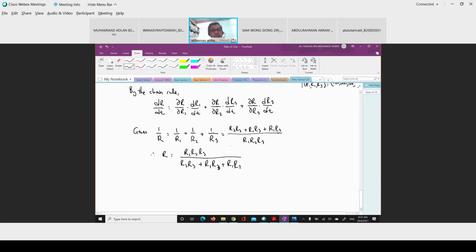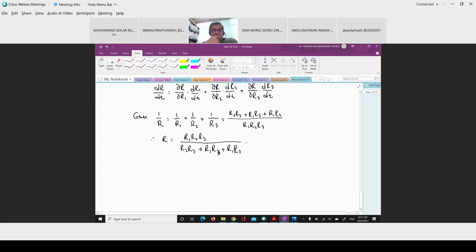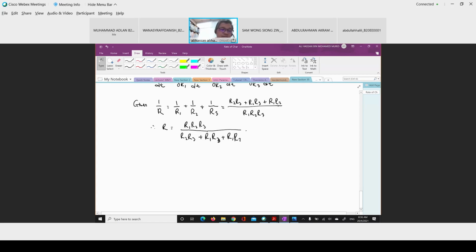And then we find partial R partial R1, partial R partial R2. But there's an easier way actually. Instead of working with this formula for R, why not take the partial derivatives straight away from this equation? Alternatively, we differentiate both sides.